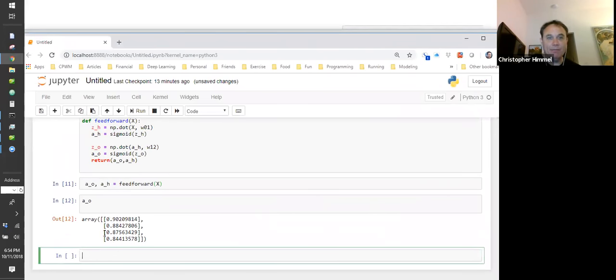It's an array of 4 numbers. So we only have one neuron on our output, but I got 4 numbers here. Why? Can anybody answer why? Put it in the chat. Meanwhile, I'm going to take a look at AH.